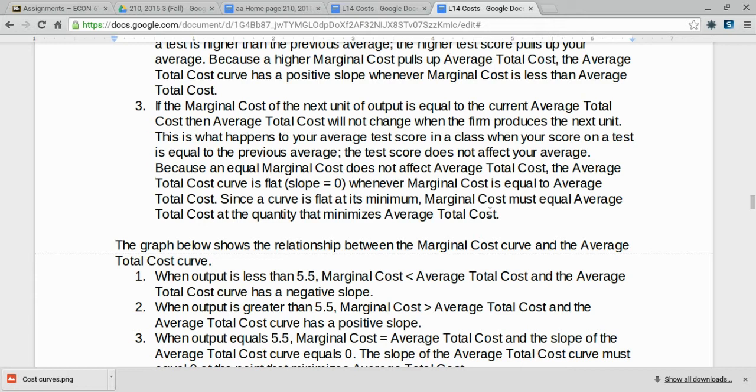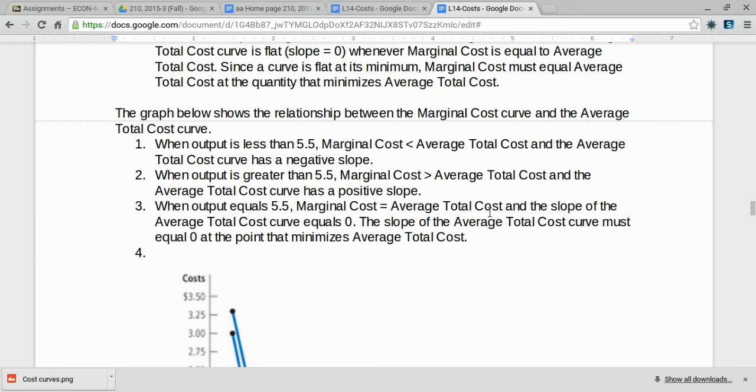The average total cost curve is flat, which means it has a slope of 0, whenever marginal cost is equal to average total cost. Since the curve is flat at its minimum, marginal cost must equal average total cost at the quantity that minimizes average total cost.